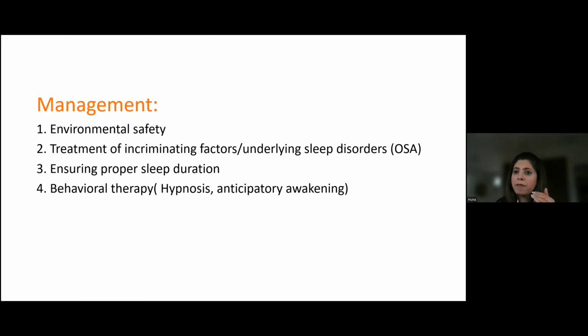Anticipatory awakening: if the nocturnal behavior is very timed, then anticipatory awakening can also help. Meaning, if it tends to happen at, maybe, 11 o'clock, then alarms can be set 15 to 30 minutes before that to awaken the child, and then let them sleep. There's no data in the adult population for anticipatory scheduled awakening, but in kiddos, it has helped.